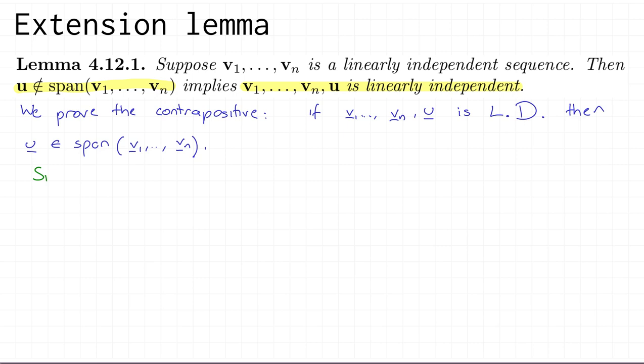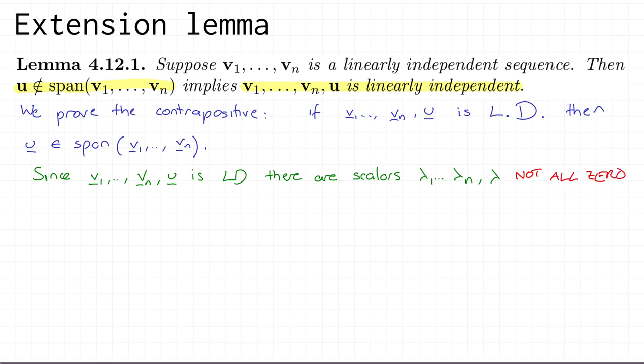So since V1 up to Vn followed by U is linearly dependent, there are scalars. So let's say lambda 1 up to lambda n, which are going to be the coefficients of the V's, and then lambda, which is going to be the coefficient of the U, which are not all zero, such that I'm going to write this in summation notation.